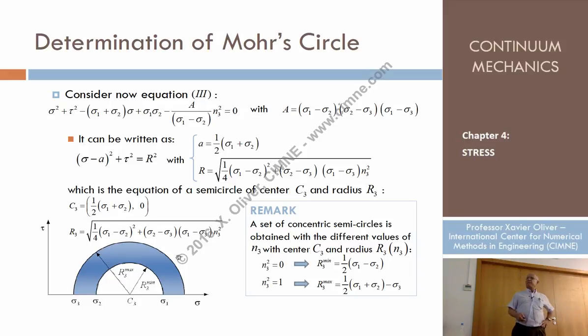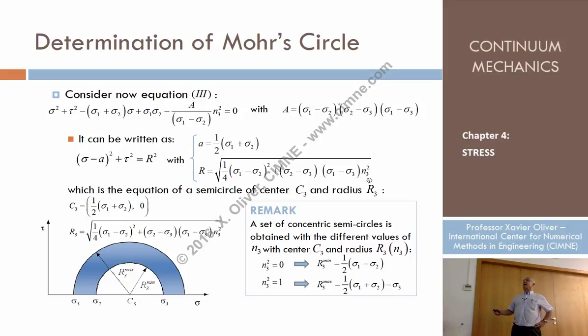So, looking at that, the center of this circle is just sigma 1 plus sigma 2 divided by 2. So that means that it is at the middle of these 2 points, okay? The abscissa is C3, at this point here, at the middle of these 2 points. And the radius, well, the radius can vary.